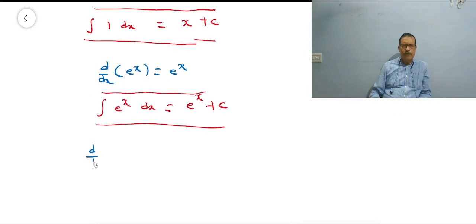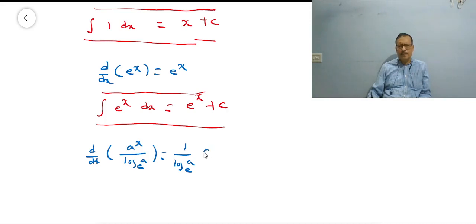d by dx of a power x by log a base e. Here 1 by log a base e is a constant. I take this outside and differentiate a power x. What is the formula of d by dx of a power x? a power x into log a base e.